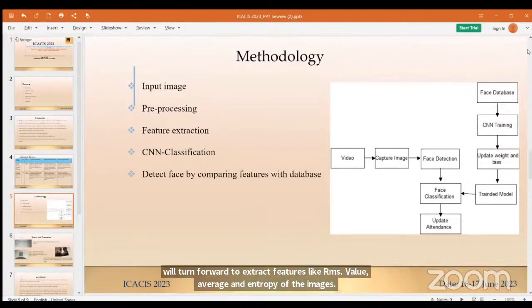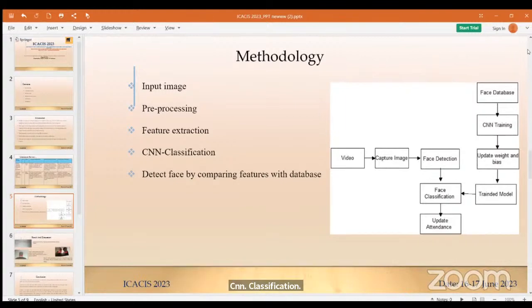Then CNN classification. It classifies each pixel into one or more classes given a set of real-world object categories. Image classification refers to the task of extracting information classes from two or many classes of the images. CNNs are used for image classification and recognition because of their high accuracy. And finally, the obtained image is compared with the database.